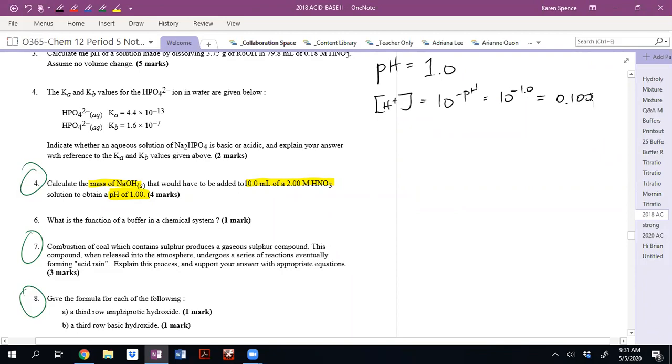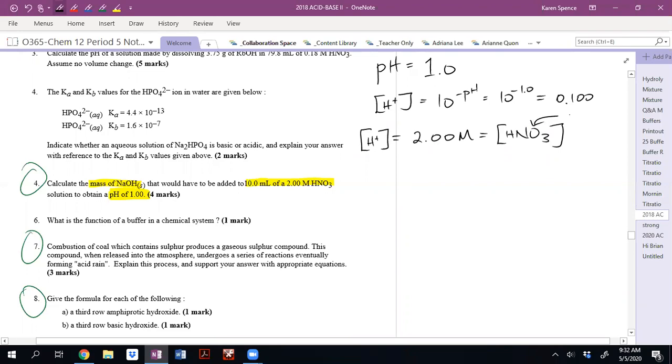And right now what we have is the concentration of hydrogen is equal to 2 molar, because it is equal to the concentration of HNO3, because HNO3 of course is what kind of an acid?